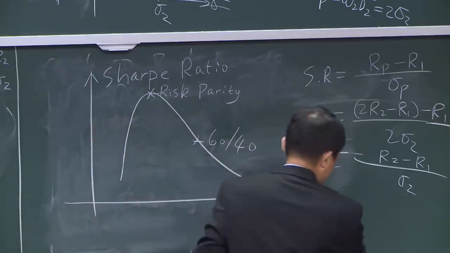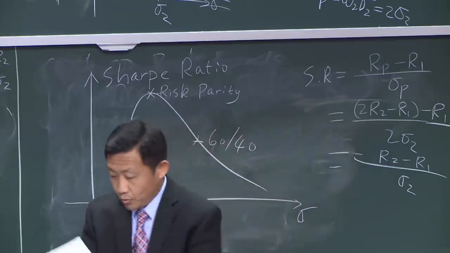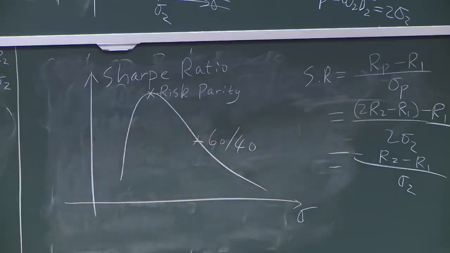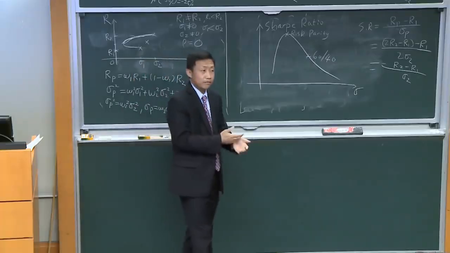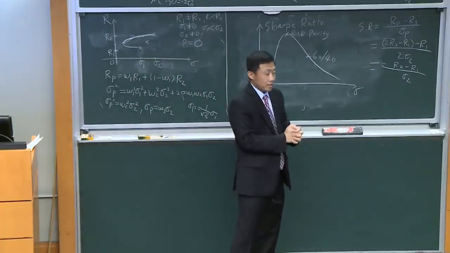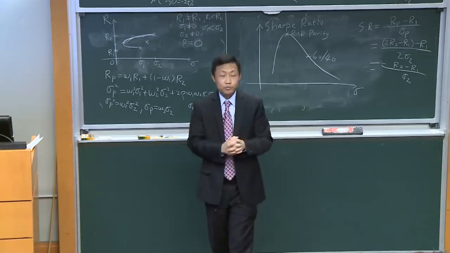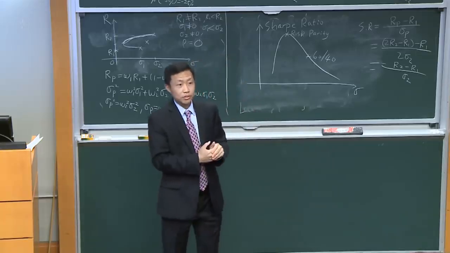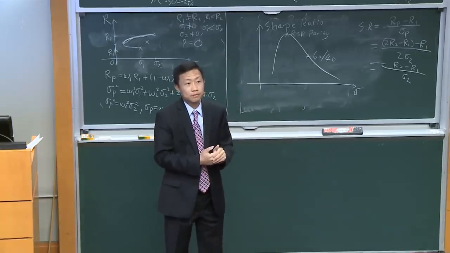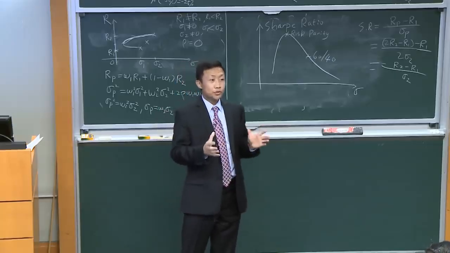So let me ask you another question. When the portfolio has higher standard deviation of sigma p, will beta to a specific asset increase or decrease? So what's the relationship intuitively?